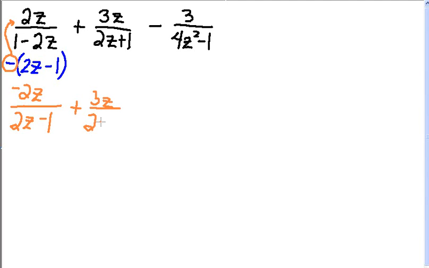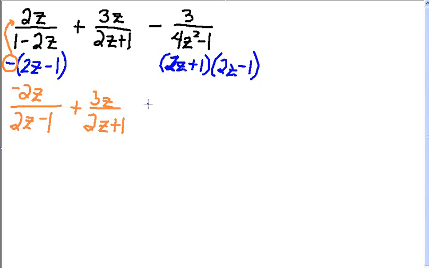And then if we look at our last term, I have 4z squared minus 1. This looks an awful lot like Mr. Formula. In other words, this is a perfect square of 2z, and this is a perfect square of 1. And Mr. Formula says that as long as I'm subtracting two perfect squares, it factors into 2z plus 1 times 2z minus 1.